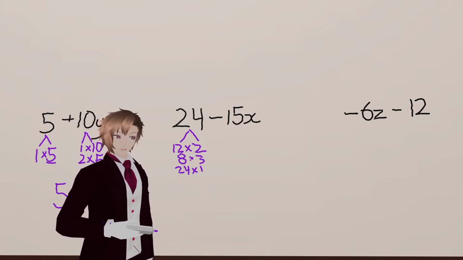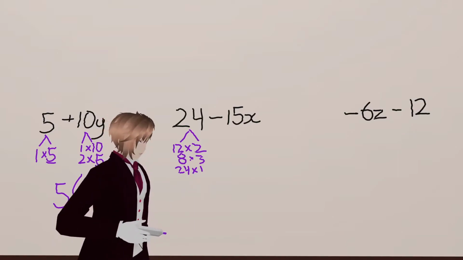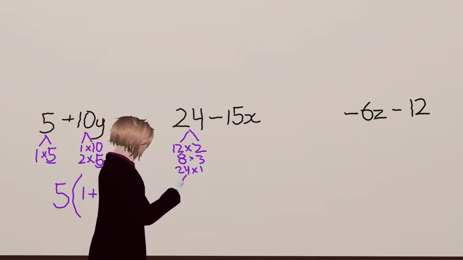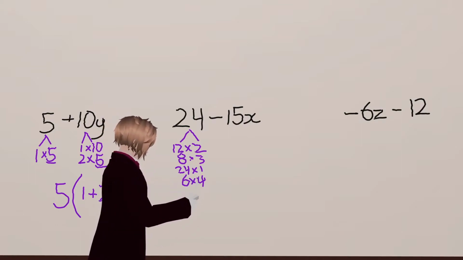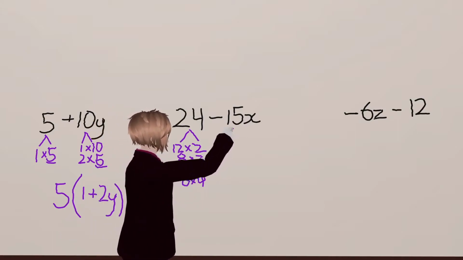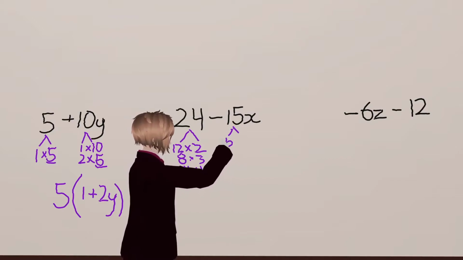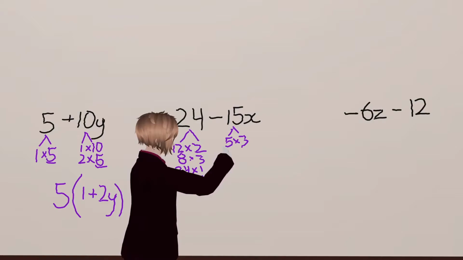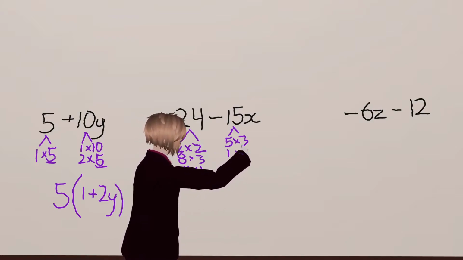Make sure you remember there's always 1 times something in every number. And then we also had 6 times 4. What are our factors of 15? We have 5 times 3, and we have 1 times 15.